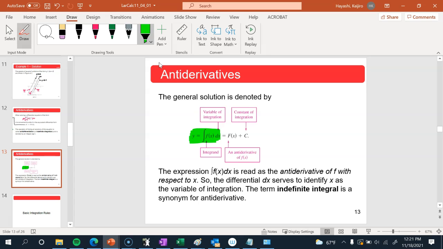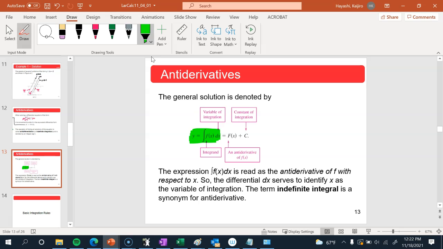But the antiderivative, or the integral that comes out of this, whatever function the original y is, is going to be denoted with a big F. And big F is going to be one of many antiderivatives that you could get.